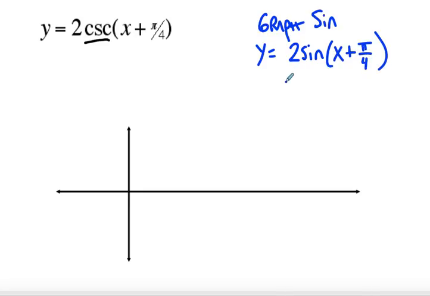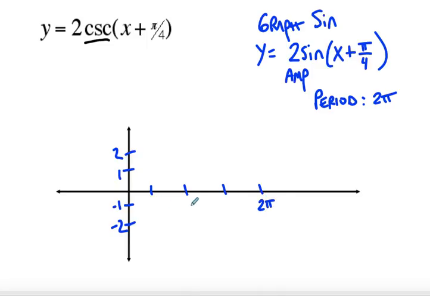So this has an amplitude of 2. The period did not change because there's nothing in front of the x, so the period is still 2 pi. So I'm going to make my 4 tick marks. The period is 2 pi, so this is a pi, this is pi over 2, and 3 pi over 2.